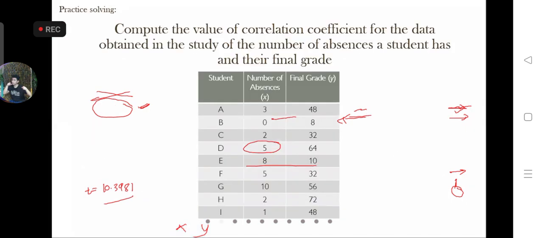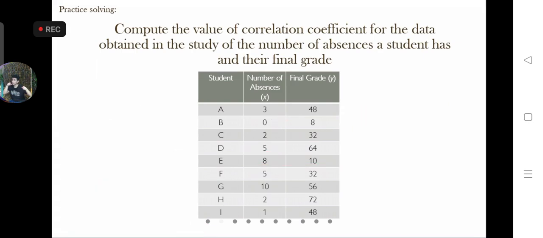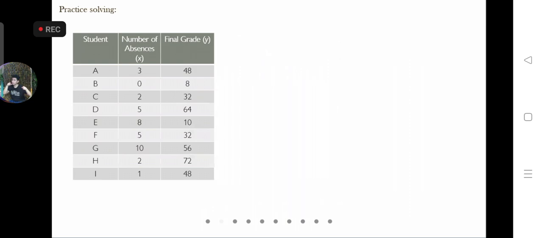Okay, let's proceed with our practice solving. We will still use the same data as before, the number of absences and their final grade. What is the value of our r?